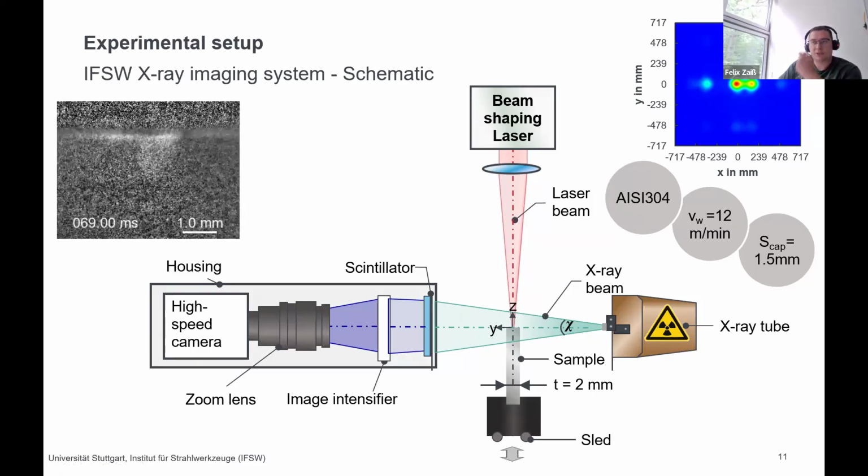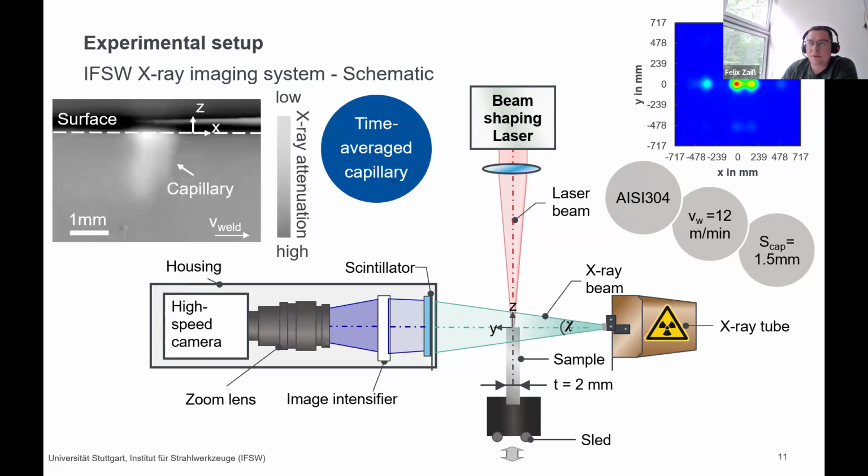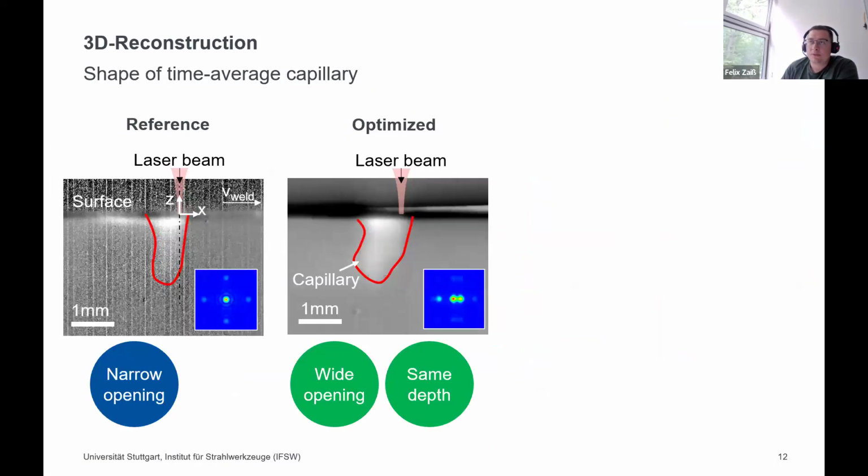Here on the top, you can see such an X-ray recording. And by averaging the frames, we get the time averaged capillary. So here you can see the contour of the capillary. So now when we have a look at the different contours, we see on the left-hand side the reference beam, so just a single spot, and on the right-hand side the optimized beam shape.